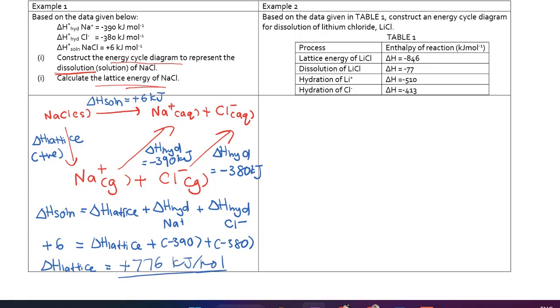Please remember your final answer should be in kilojoule per mole, because the definition of lattice is 1 mole of sodium chloride dissociating into its gaseous ions. So it is referring to 1 mole of something. In the cycle, you just write the unit kilojoule.